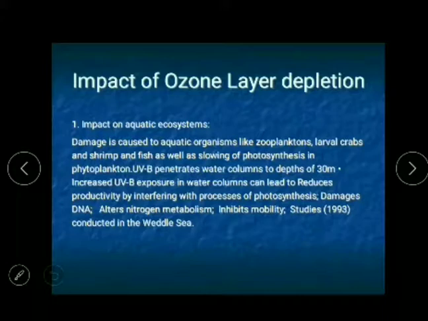Increased ultraviolet B exposure in water columns can lead to reduced productivity by interfering with photosynthesis, damages DNA, alters nitrogen metabolism, and inhibits mobility. Studies in 1993 were conducted in the Weddell Sea.